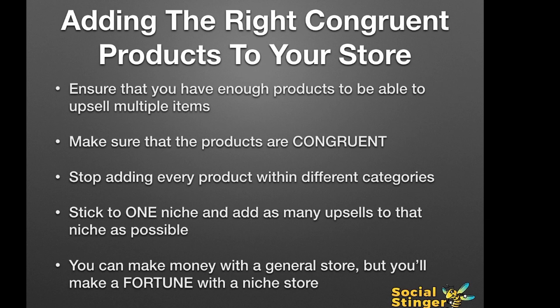Maybe, right? I mean, if you're really specialized on that, but would you want to sell more? Would you want to increase your average order value? Would you want to be able to upsell more? Okay, the more congruent products that you have on your store, the more you're going to be able to sell, and the more you're going to be able to increase your average order value.